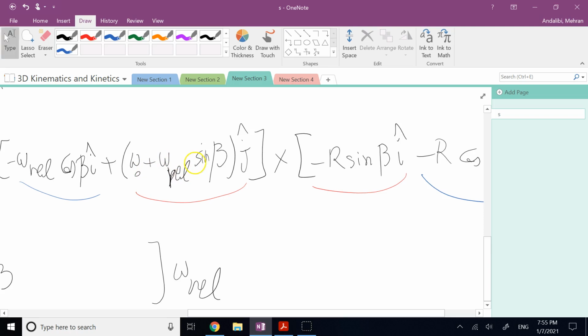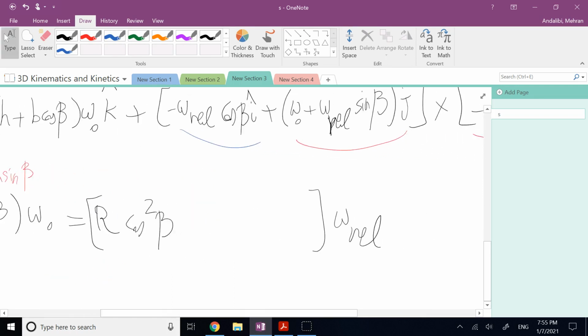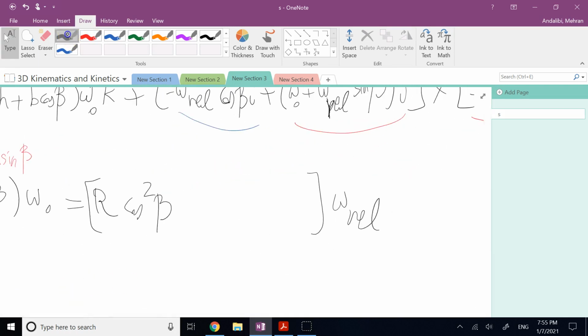If you want, I can take it to this other side, so make it negative r sine beta omega naught. So let me take it to the other side. So add another term here, negative r sine beta. And then here I have omega relative r sine squared beta.